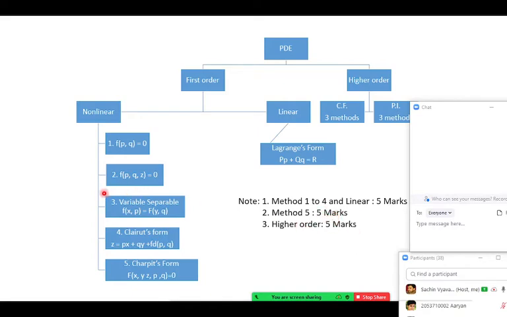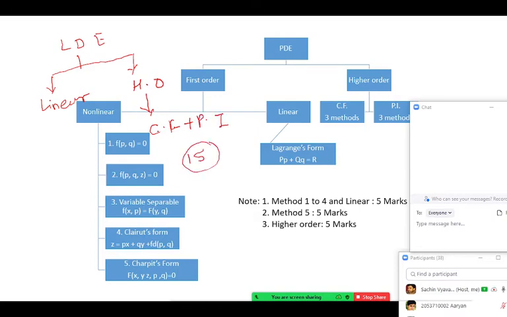So you can see that. What I want to say here is, in LDE, we have linear and higher order. In higher order, we calculated it by CF plus PI, and we have nearly 15 marks weightage for this part.